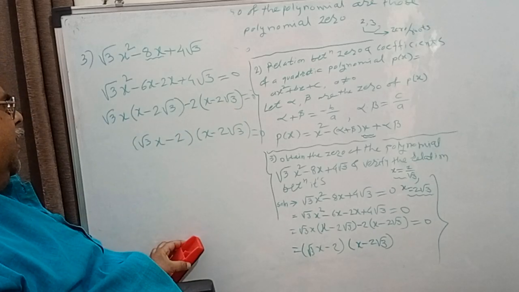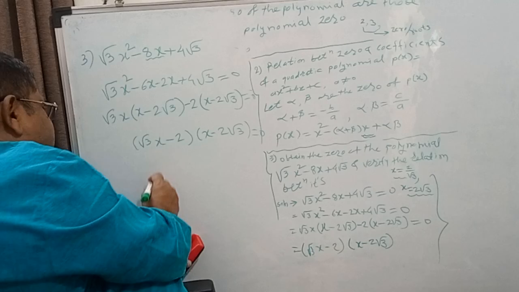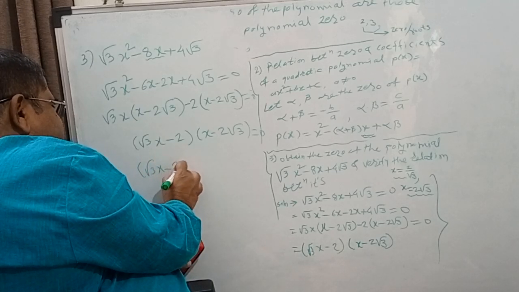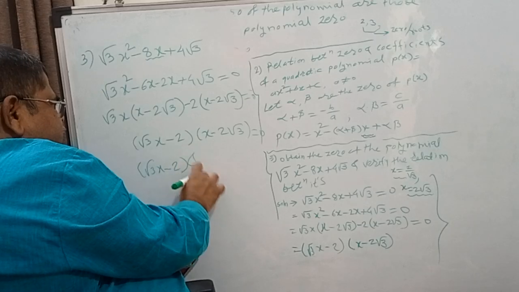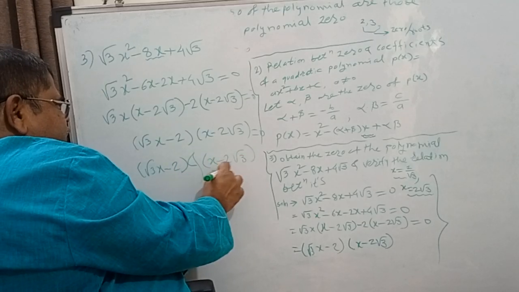Okay, then we got these two: root 3 x minus 2 and x minus 2 root 3.